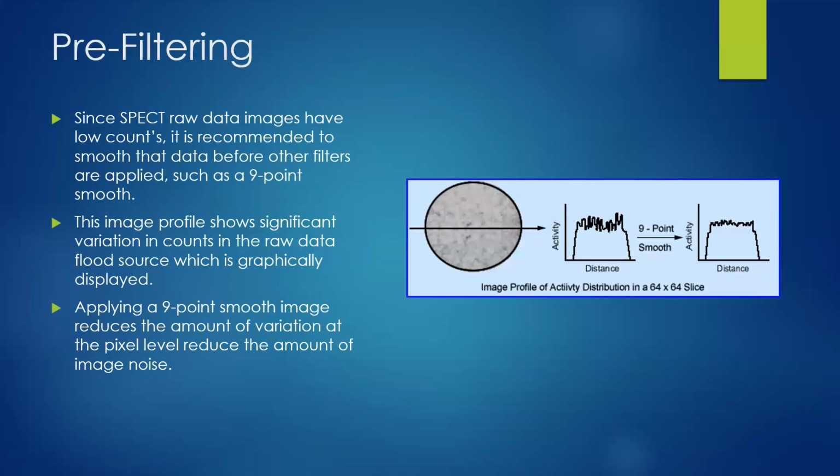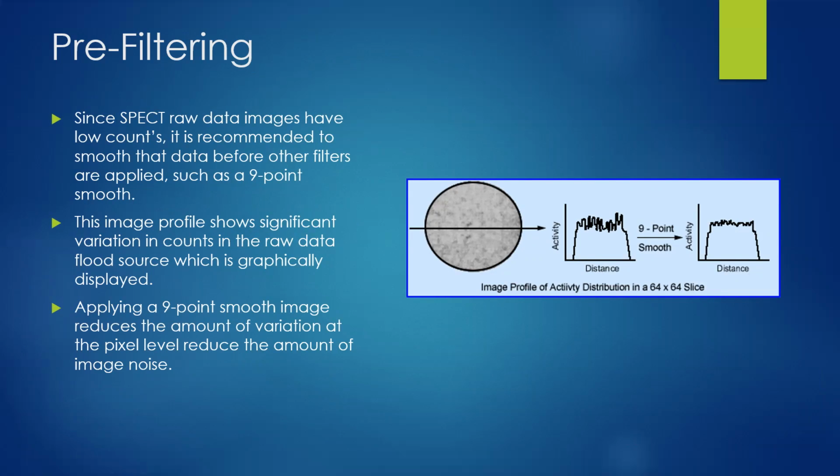Now we can talk about image filtering. To start off with, the one thing we may want to do in filtered back projection is actually pre-filter. And why might we want to pre-filter? Well, an example is shown here, where you've got a profile analysis going across a flood field, and you can see it looks a little spotty, right? From that, you want to look at what the count distribution is across this surface, and what you see is a rather jagged surface.